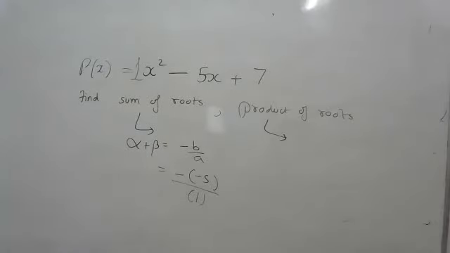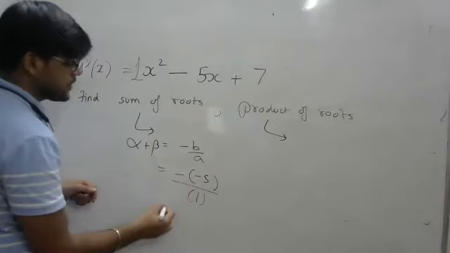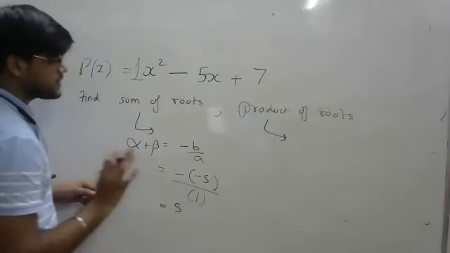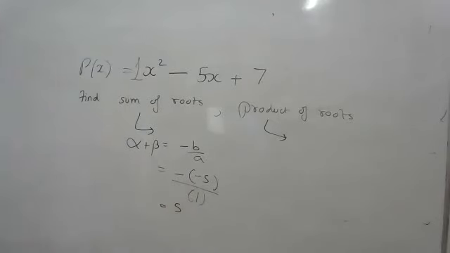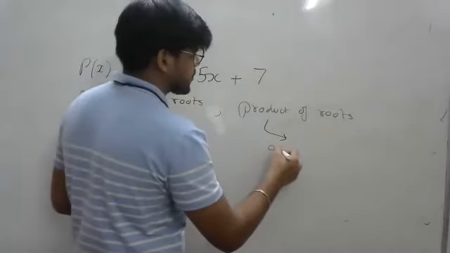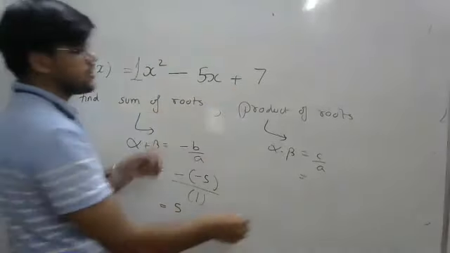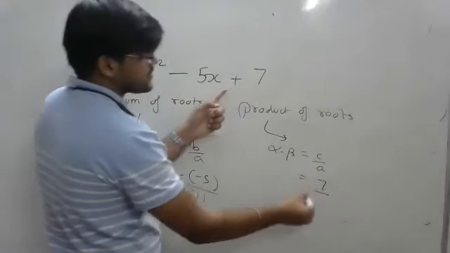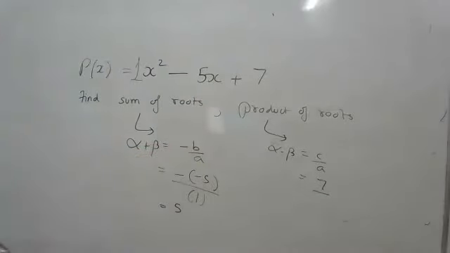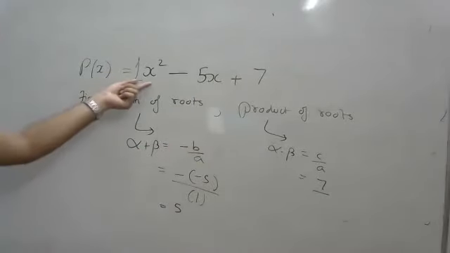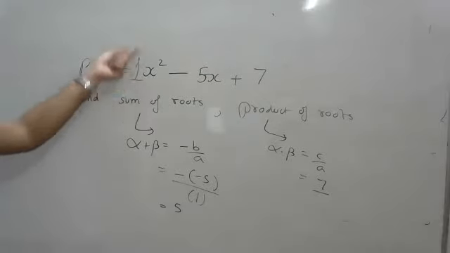So the sum will be 5: minus minus is plus, and 5 upon 1 is 5. And in the case of product, yes, it will be 7 because the product of roots is c by a. c is the last term with its sign. Please always consider that positive is positive and negative is negative. Divided by a. For x squared there is no number, that means it is 1.